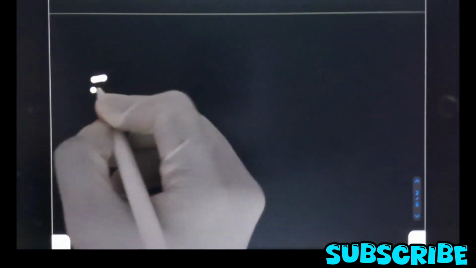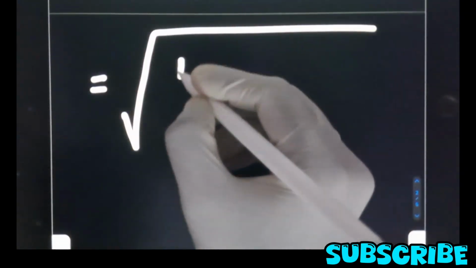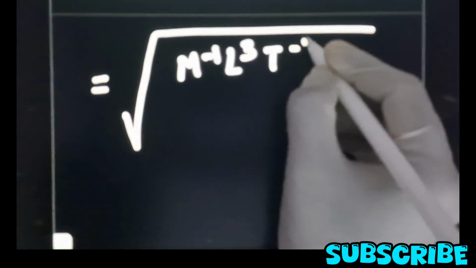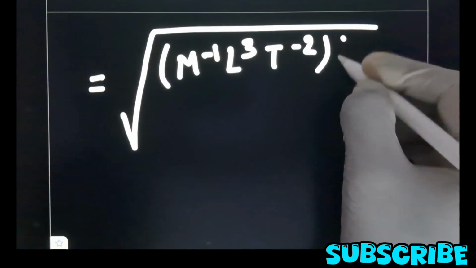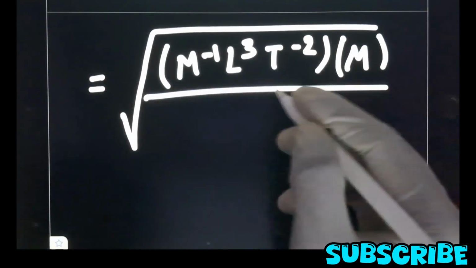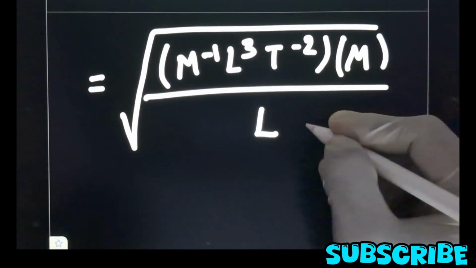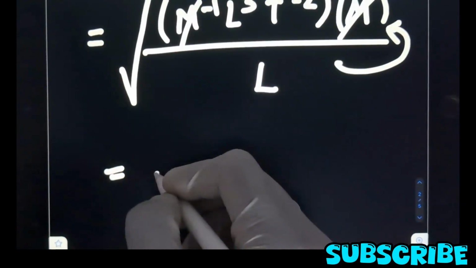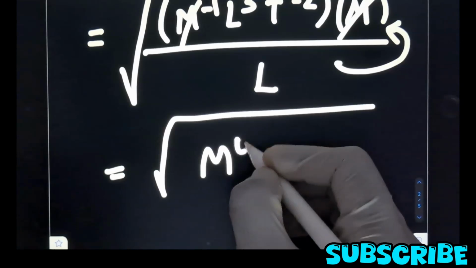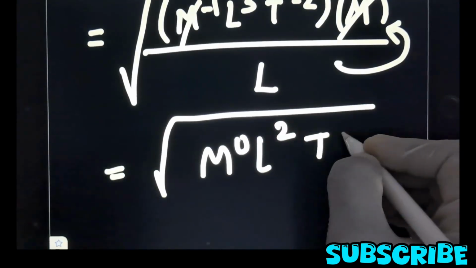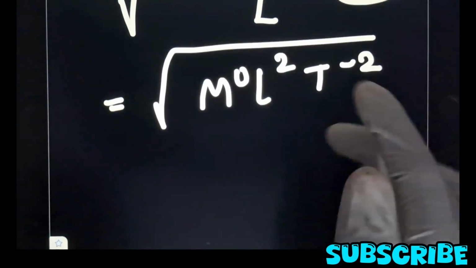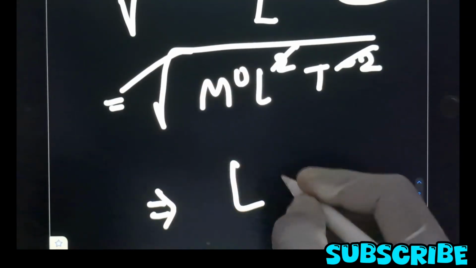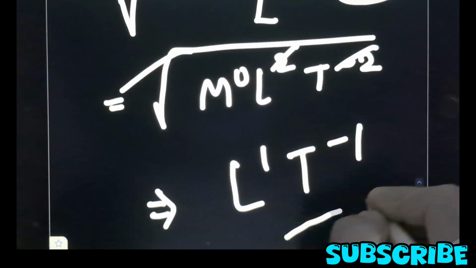We know the gravitational constant dimensional formula is M^-1 L^3 T^-2, and mass M and radius L. On cancellations and reciprocation of the length, we get root over M^0 L^2 T^-2. On removal of the square root, we get M^0 L^1 T^-1.